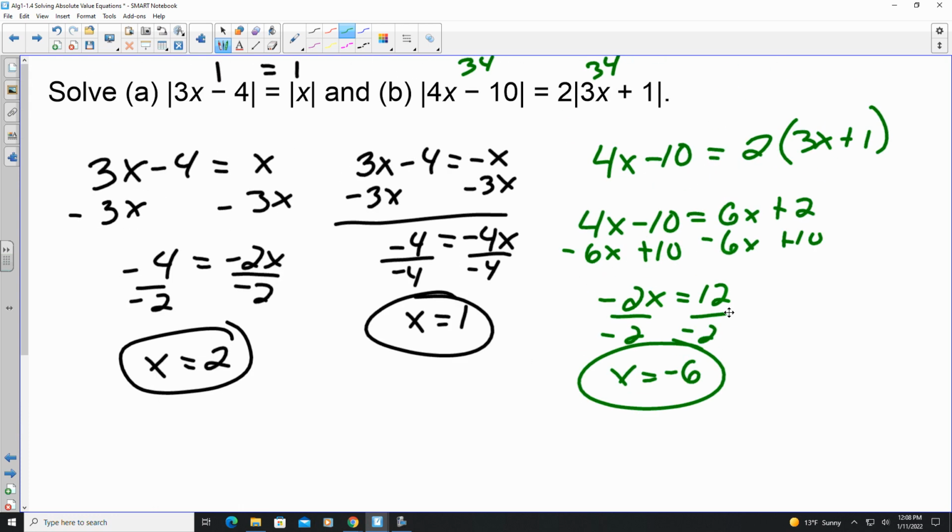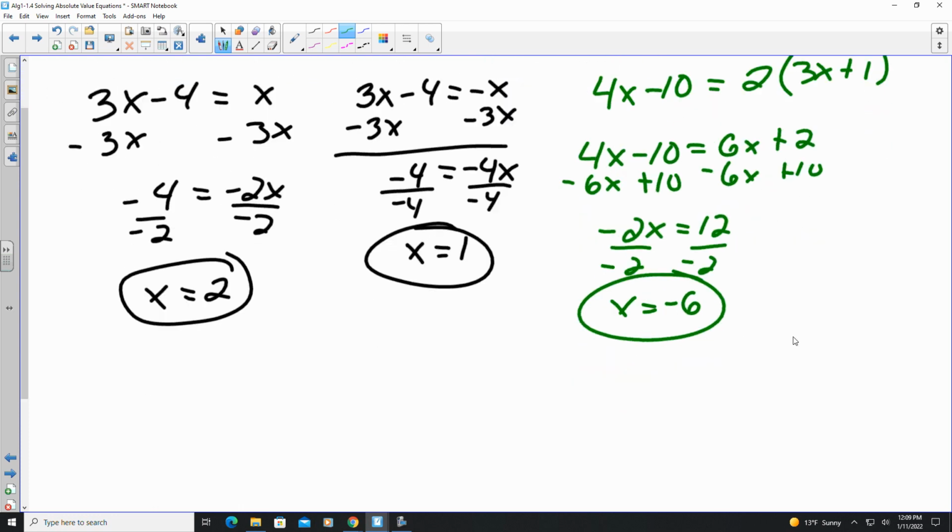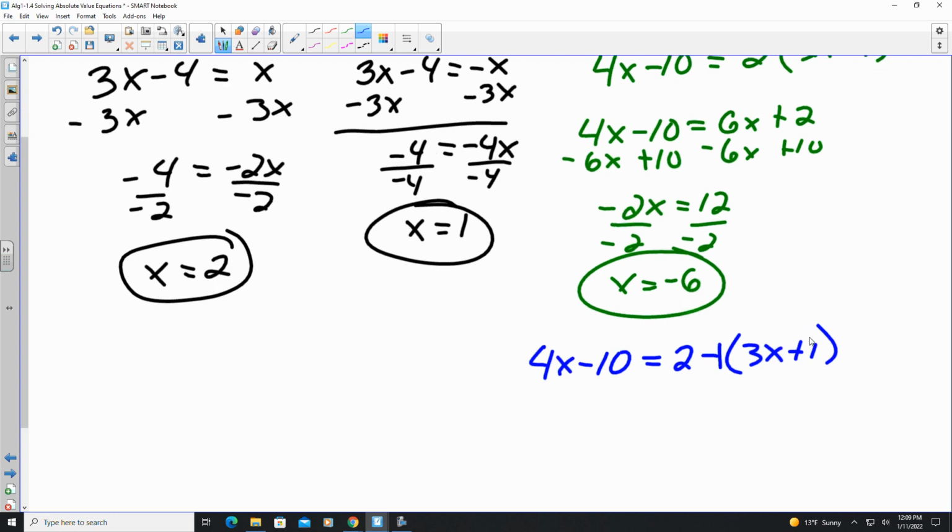If I go to the negative value here, it's going to be left as 4x minus 10 on the left side. But now on the right side, it's going to be 2 times negative 3x plus 1. So that's where you either write it as a negative or write it as a negative 1, however you prefer.